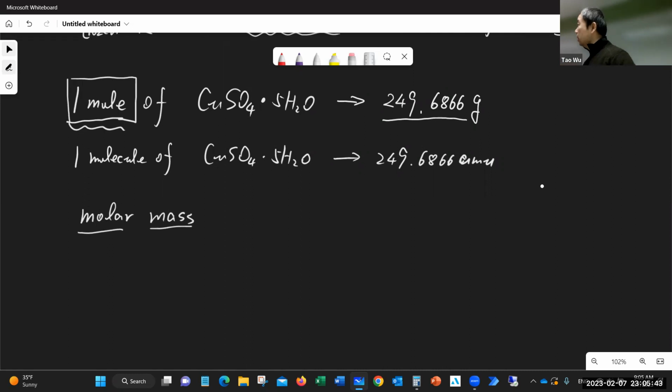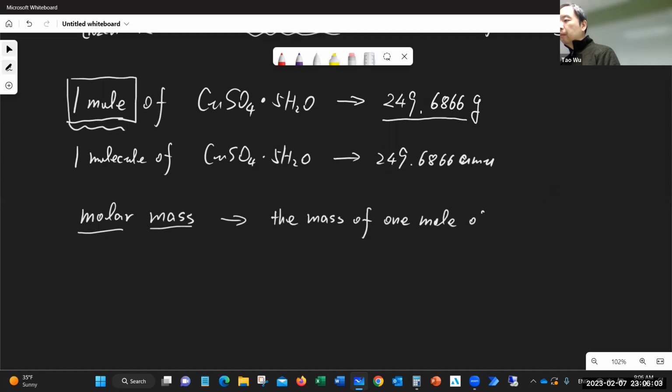Molar mass is the mass of 1 mole of the substance.